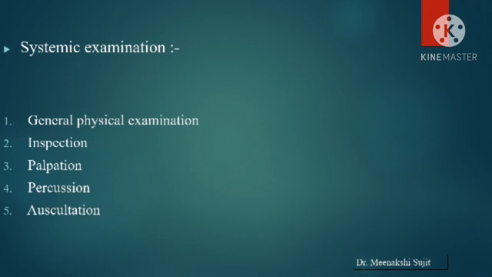Our next point is systemic examination. What systems will you examine in a child? The gastrointestinal tract and abdomen, respiratory system, cardiovascular system, and CNS, the central nervous system.